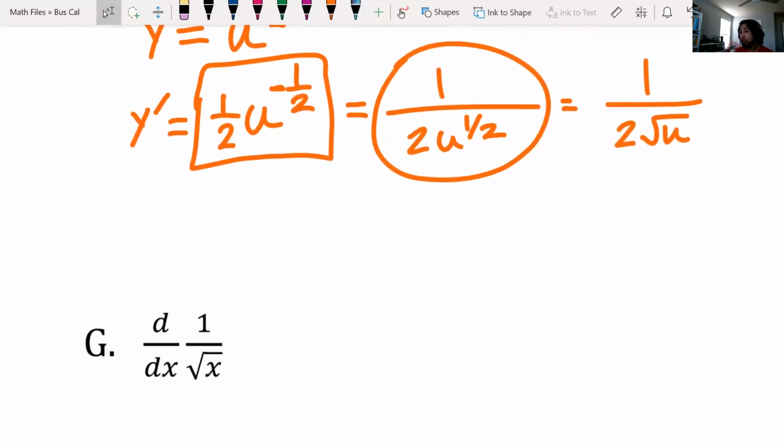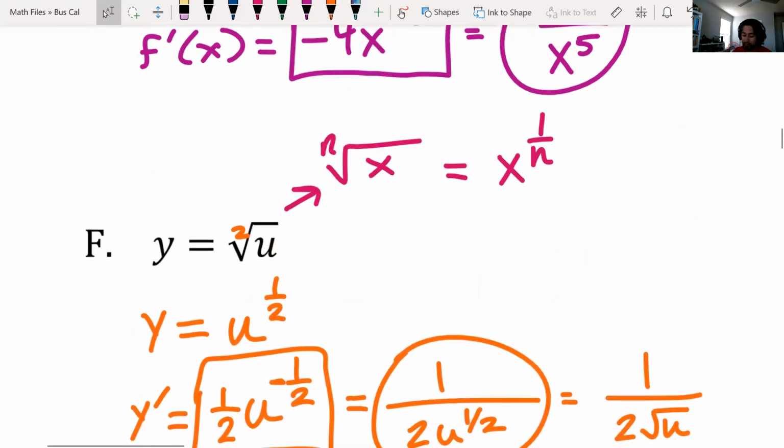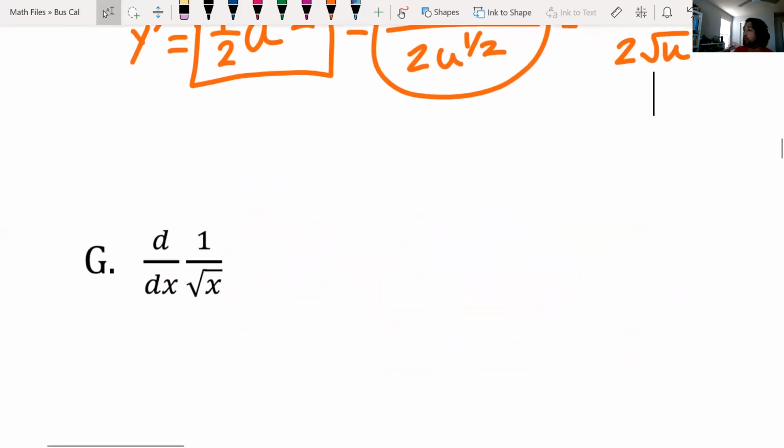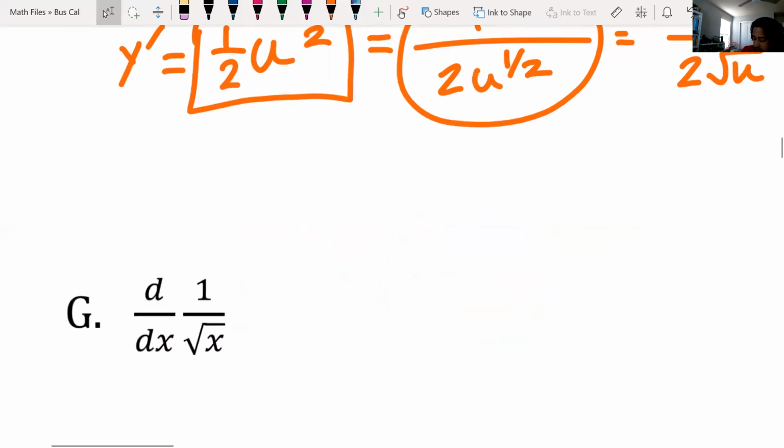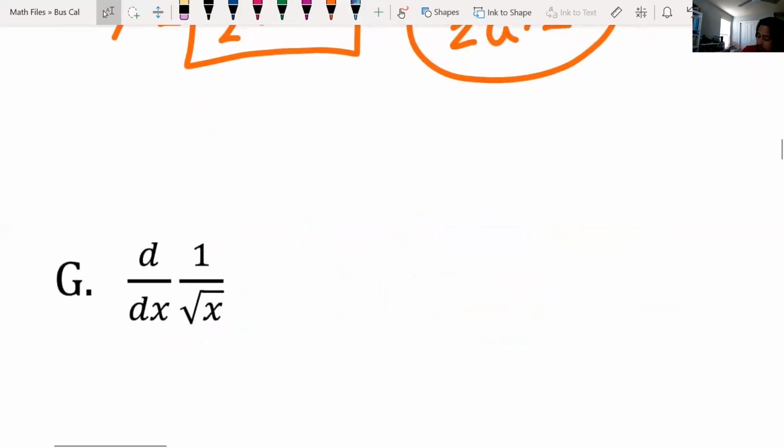Okay. So just like the 2 above, the next one, we have to rewrite this as well. So we're given the derivative. This says take the derivative of 1 over the square root of x with respect to x. So we have to rewrite 1 over the square root of x using the algebraic properties we have just introduced.